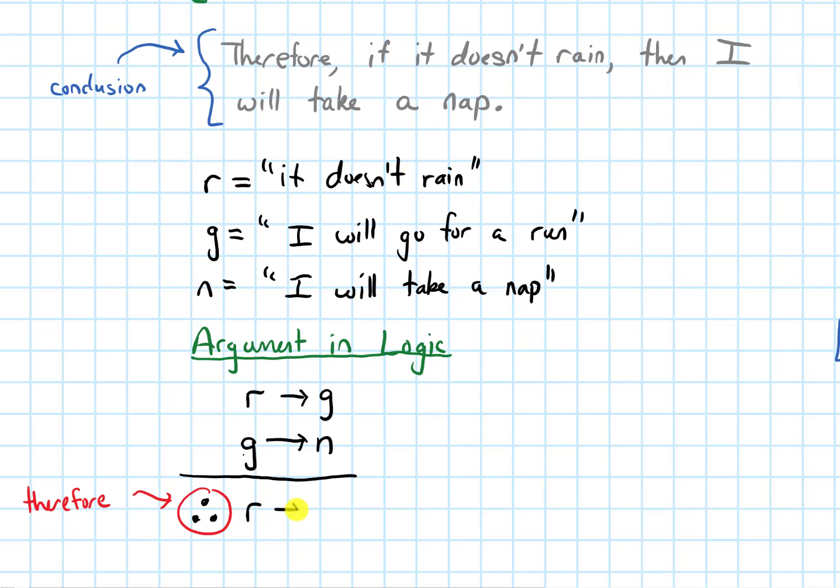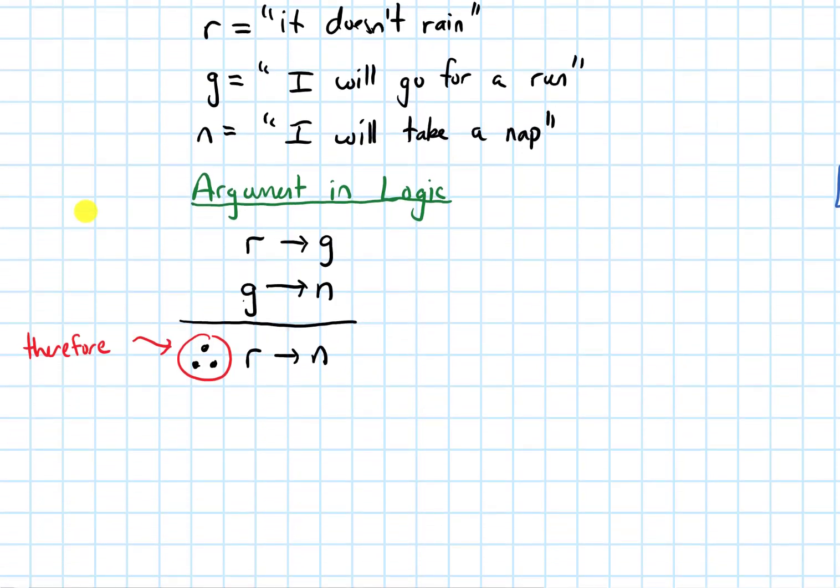So R implies N. Just reading this whole argument, it is saying that if R happens, then G happens. And if G happens, then N happens. So therefore, on an intuitive level, it seems like if R happens, then N is happening.